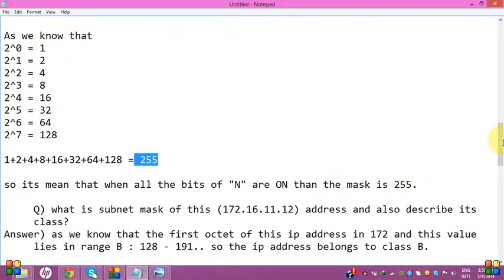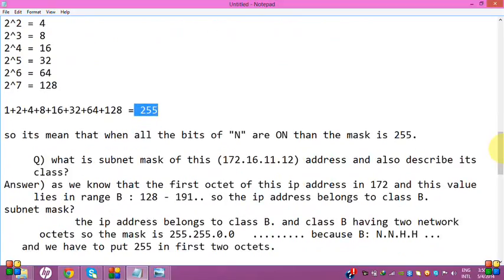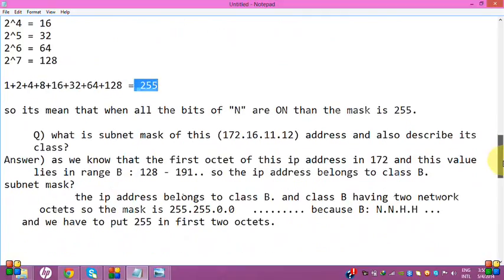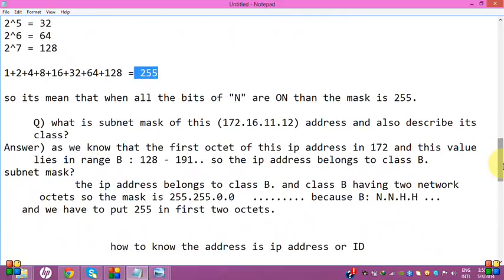Question: I will create a question to understand this more. What is the subnet mask of the address 172.168.11.12, and also describe its class. First of all, we find its class.